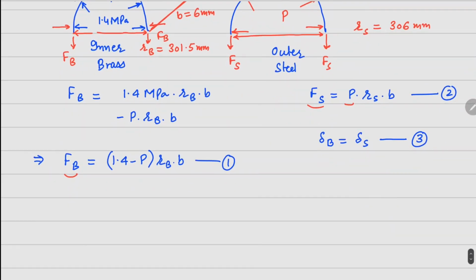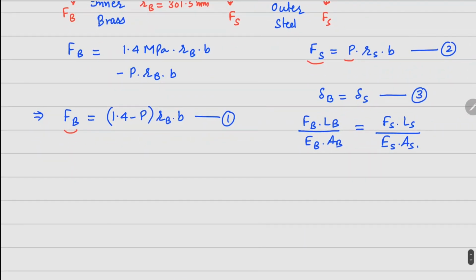Now how do we write these deformations? You can write them in terms of FB LB over EB AB, which is your Hooke's law. Similarly FS LS over ES and AS. Now what are these numbers?